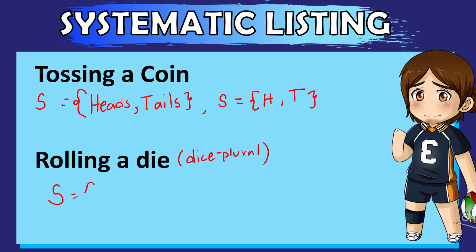Ano-ano lang ba yung mga possible na lumabas kapag nag-roll kayo ng die? Diba ang dice, that is a cube. Meaning meron siyang 6 faces. Ano-anong numbers lang ba yung meron sa die? Diba? Those are the numbers from 1 to 6. So that's 1, 2, 3, 4, 5, and 6.